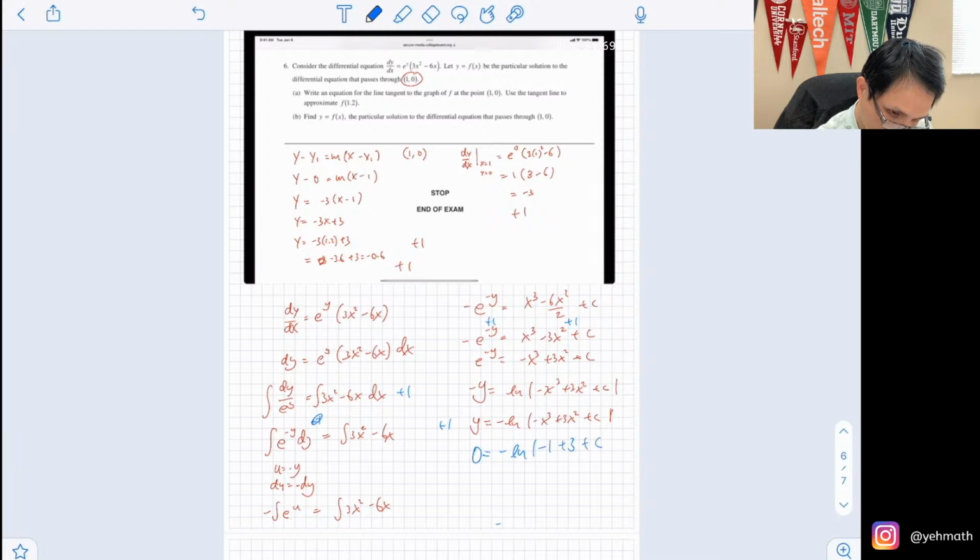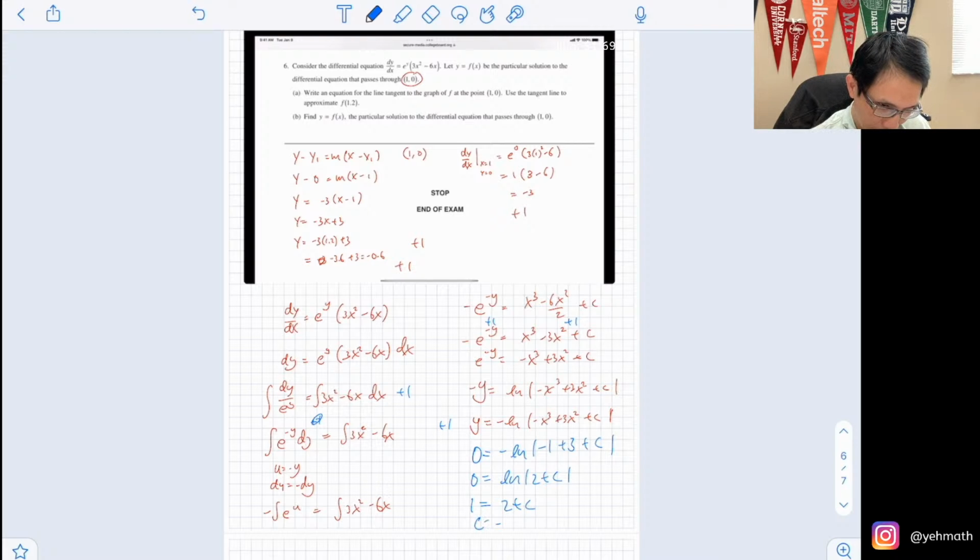Plus c, right? So I'm gonna multiply a negative sign on both sides, still 0 equal to ln of 2 plus c, right? e to the both sides, so 1 equal to 2 plus c, right? I multiplied both sides by negative.